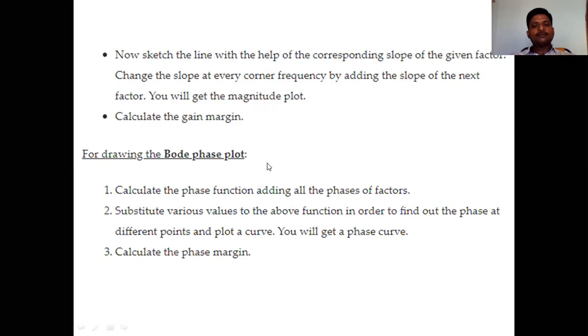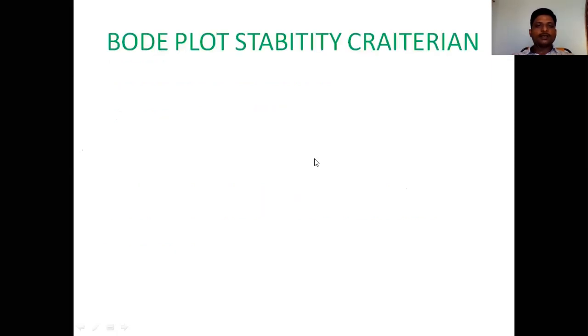Then you have to change the value of omega; for each value of omega, you will get each phase for each factor. All the points for each factor will be pointed on the graph. Like that we have to calculate a phase plot.